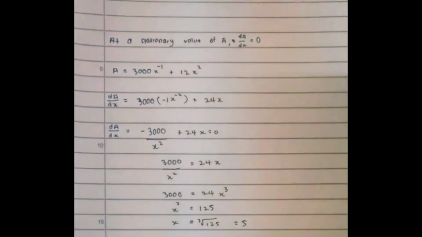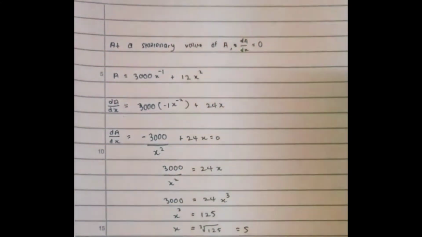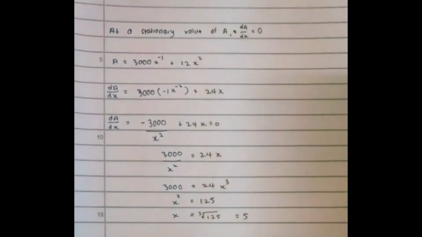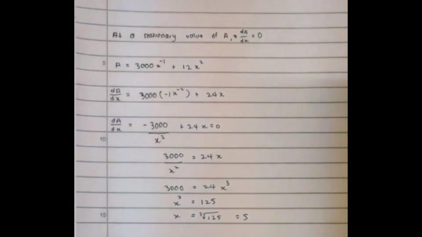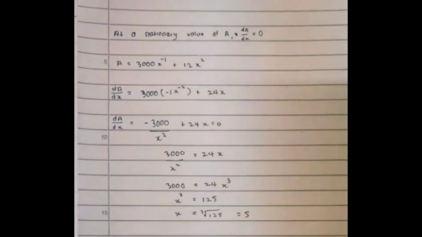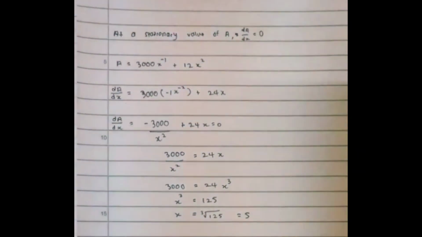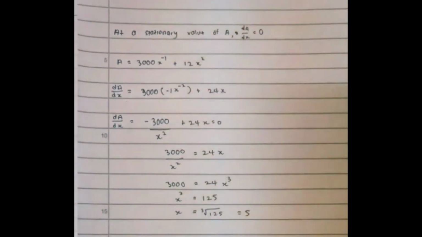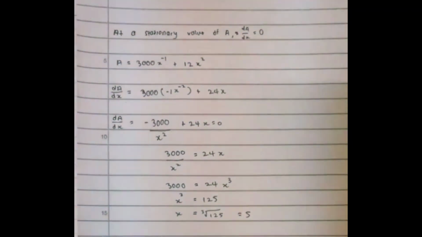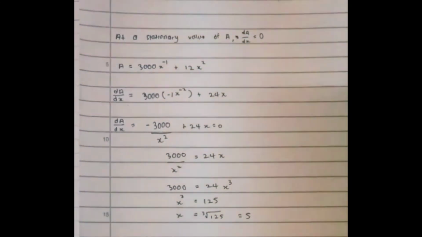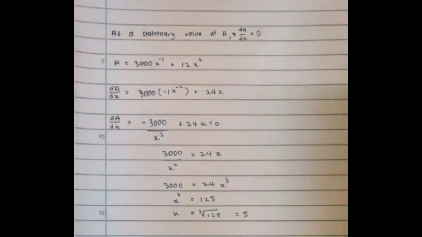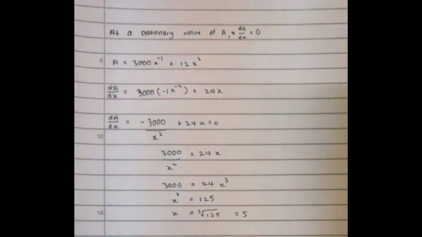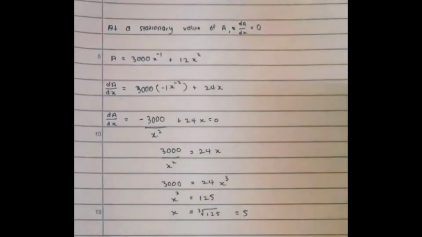We simplify it and we get negative 3000 over x² plus 24x equals 0. We move the 24x to the right side. So we get 3000 over x² equals 24x. 3000 equals 24x³. x³ equals 125 and x equals 5.